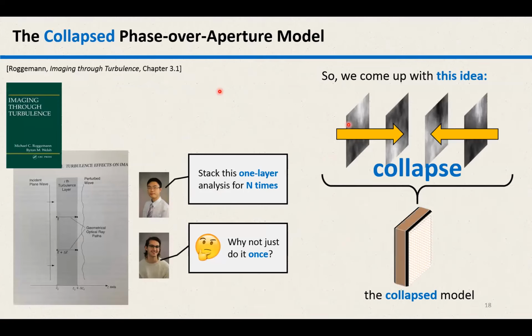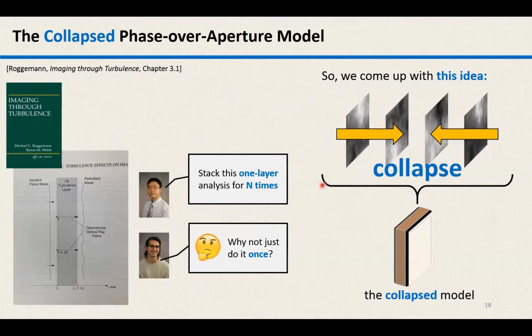When you look at the turbulent media, originally it is modeled as a stack of phase screens. What we want to do is collapse it. We want to just use one overall screen to represent the entire stack of screens.